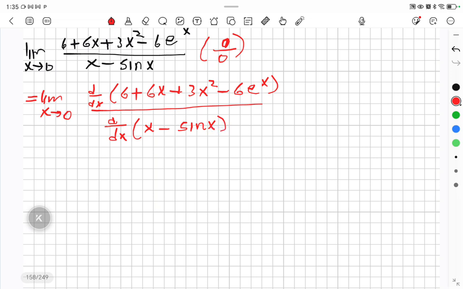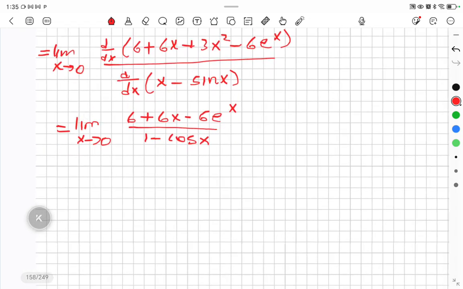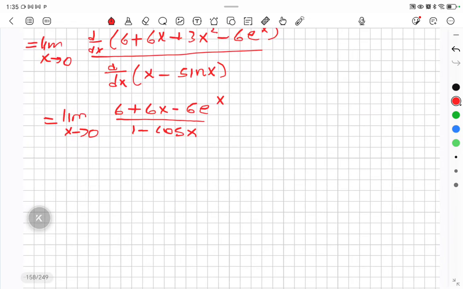So this will be equal to the limit as x approaches 0 of 6 plus 6x minus 6e to the x all over 1 minus cos of x. So from here we check the form.